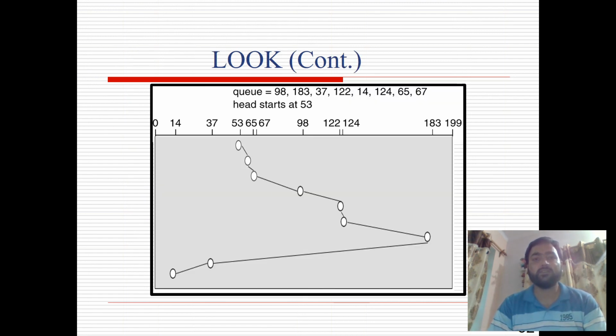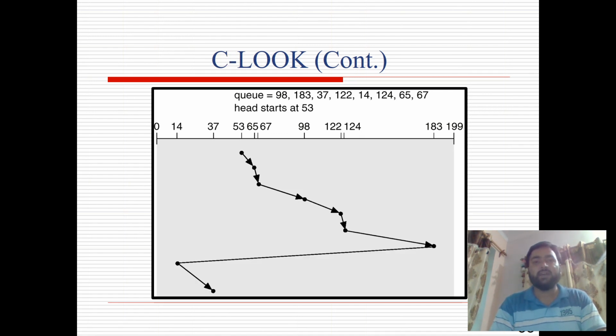So this is the LOOK algorithm, which is the same as the SCAN algorithm, but you can see that after the head movement at the 183 position, it directly moves back to the other request without going to the end of the disk. So there is reduced overhead in the LOOK algorithm as compared to the SCAN algorithm. And the same is true in the C-LOOK algorithm.